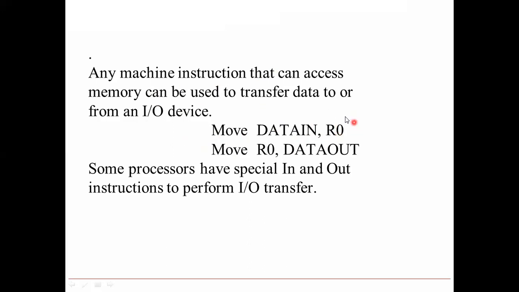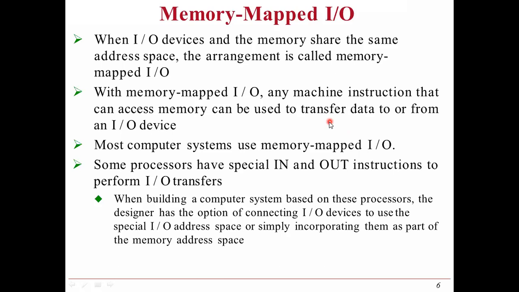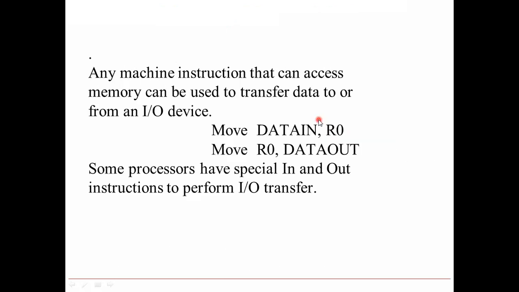Whatever data is present in this data in register will be transferred to R0. This R0 is present in the processor and is called a processor register.